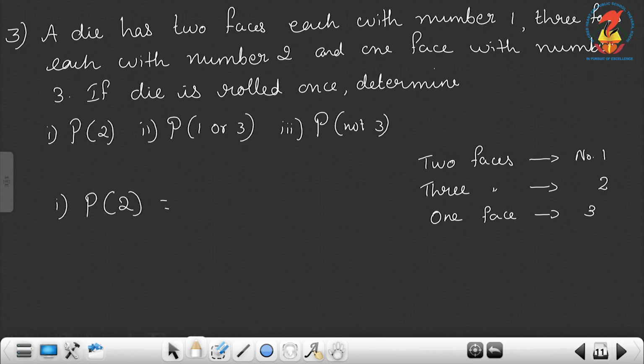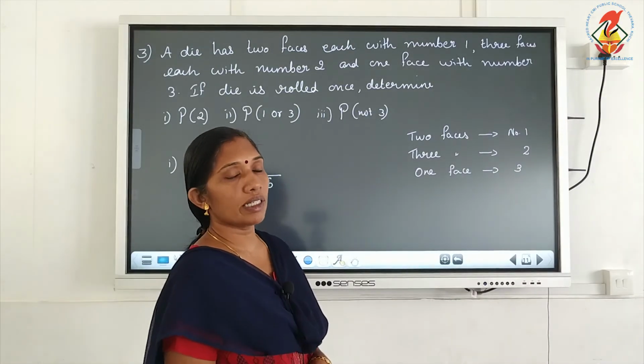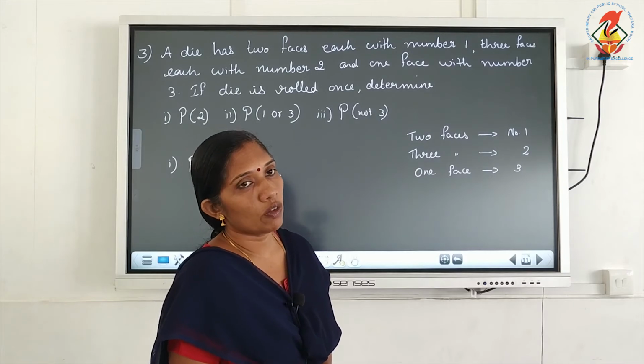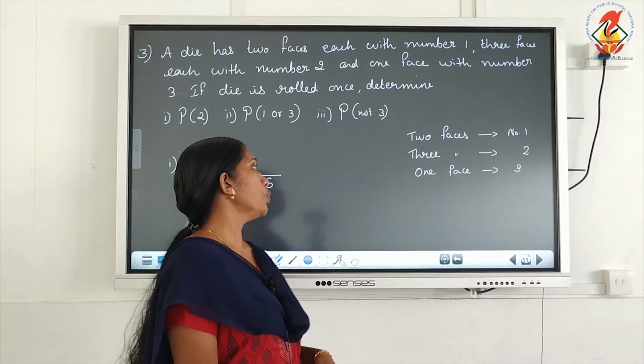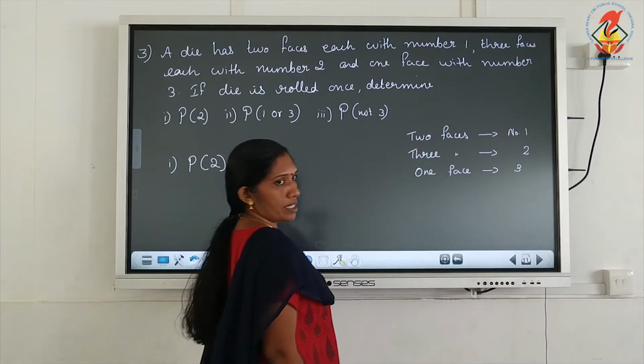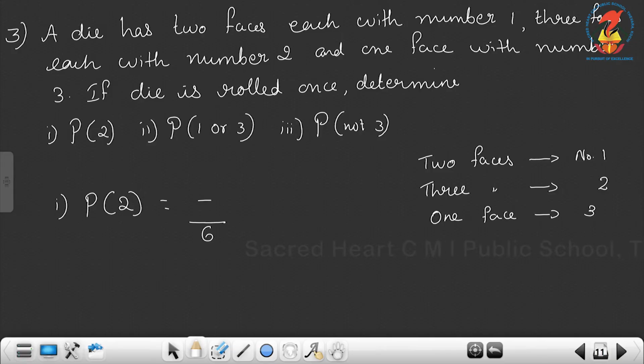So what are the favorable cases by total? Total 6. Okay, when we roll a die, the total number of outcomes is 6. Then favorable outcomes means getting number 2. So number 2 is on how many faces? 3 faces. Okay, so we can write here 3, so it is 1 by 2. Second one, P of 1 or 3.